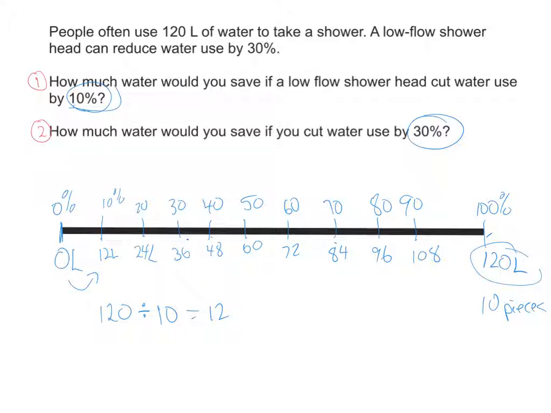First, if we cut our water by 10%, how much water would we save? 10% is 12 liters, so I would save 12 liters of water. Second part of the question, how much would you save if you cut your water by 30%? You can see you would save 36 liters.